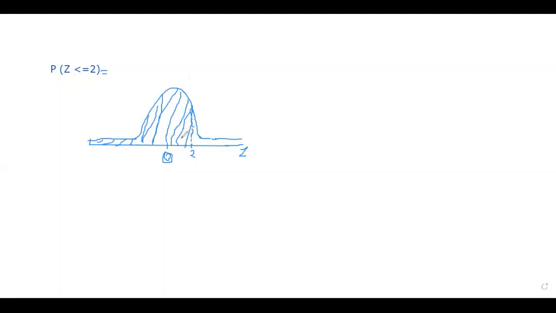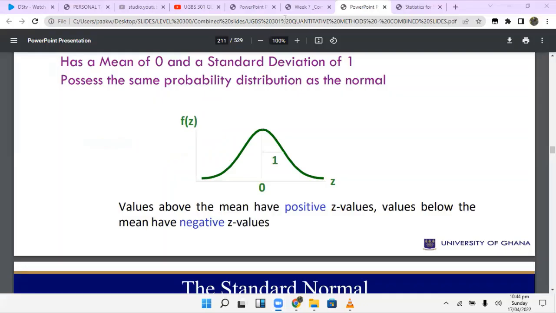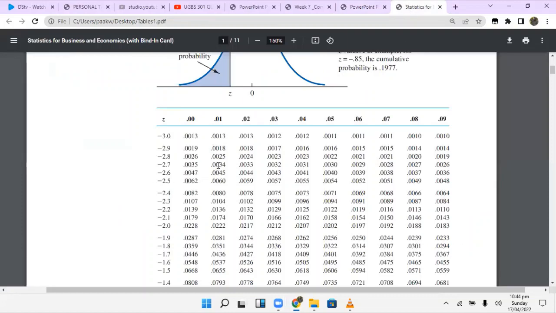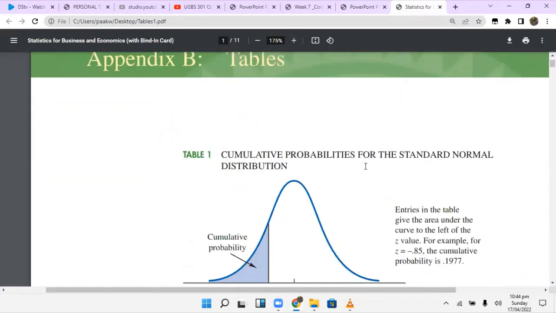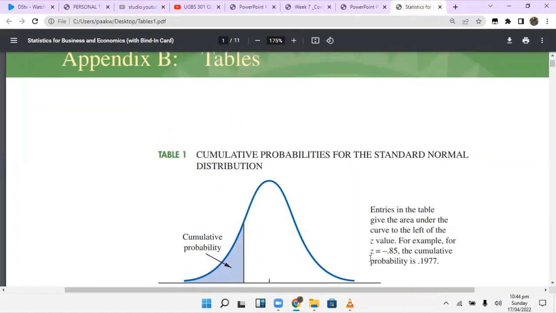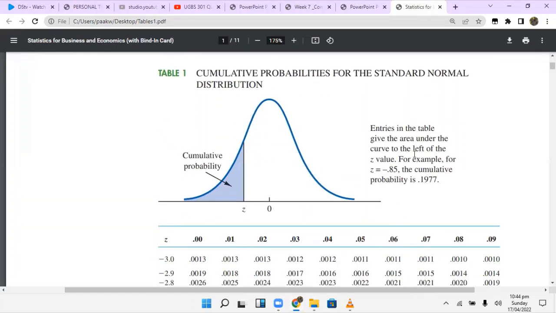Then after drawing this, you come back to your table. Let me share the screen. Come back to the table. This is our table. You get it? So we have the z values here, negative, and now the most important thing is that the table reads to the left of the curve.